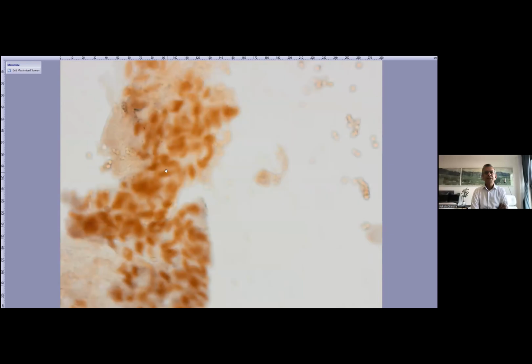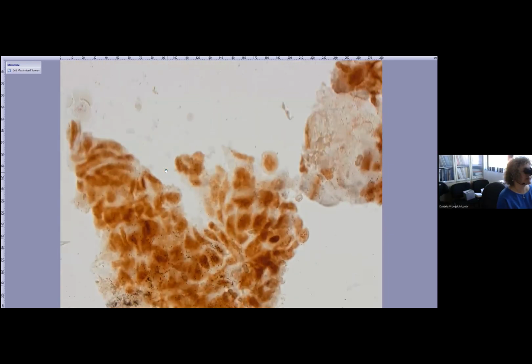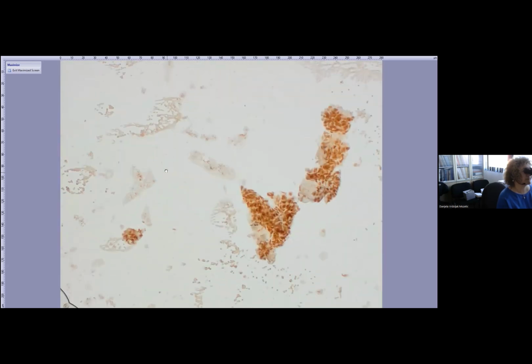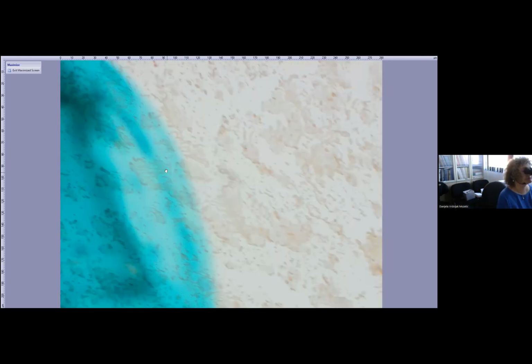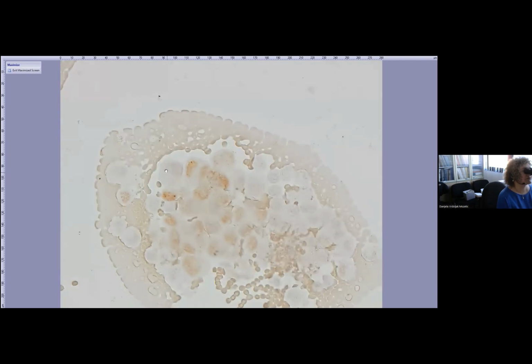What immunostain is this again? Sorry, Daniela? VT1. Okay, WT1, right. Yes, WT1 was positive, but it could be in the fallopian tube epithelium. Okay, now P53, and it was negative, and you can see here it was wild type.